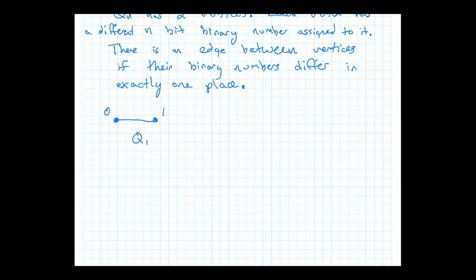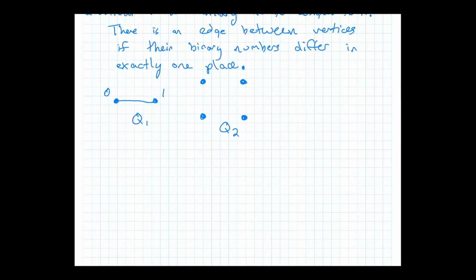Not that interesting. Q2. Q2 is where you can actually start to see the pattern starting to take place. So again, you number these with binary numbers, and there's a lot of different ways to do it. These are 2-digit binary numbers. So we'll go 00, 01, 10, 11.